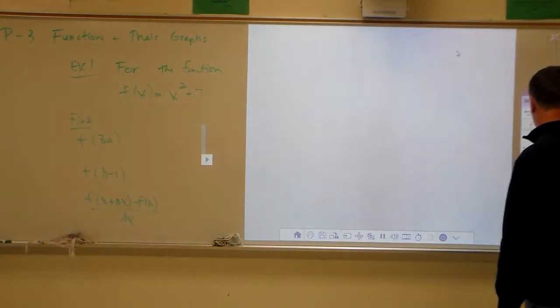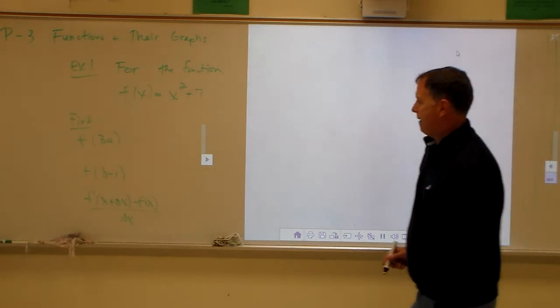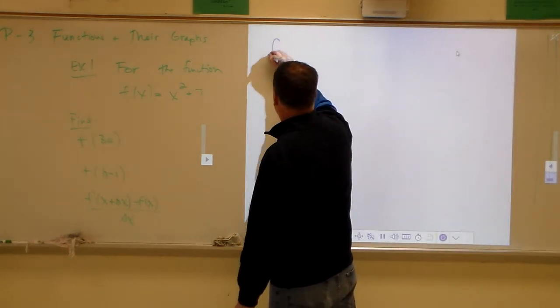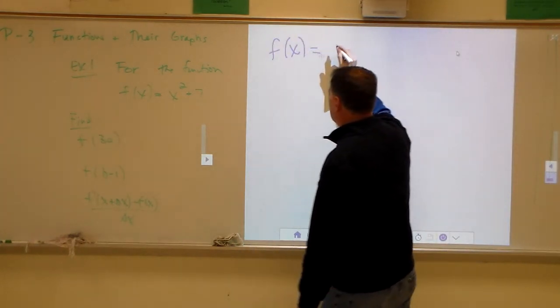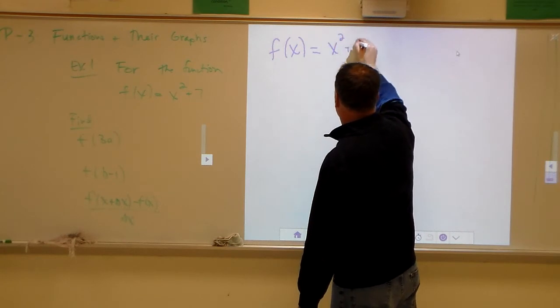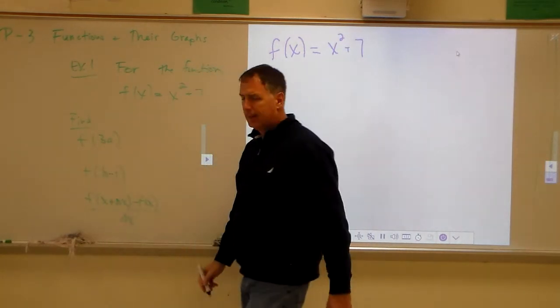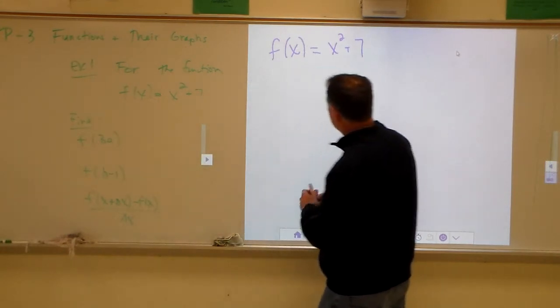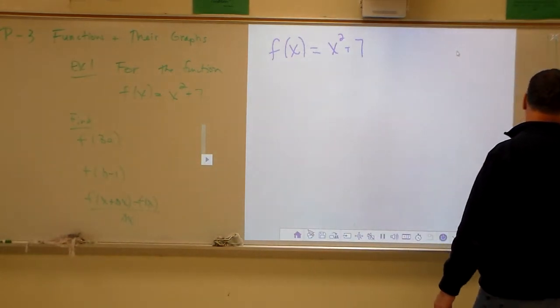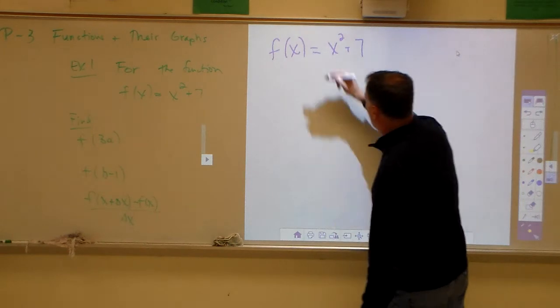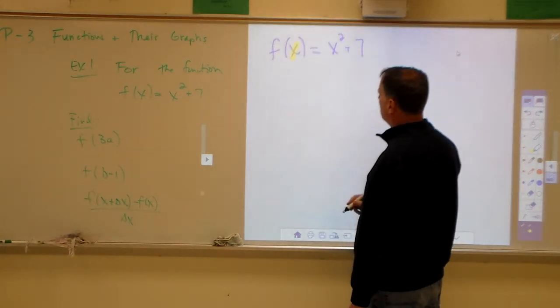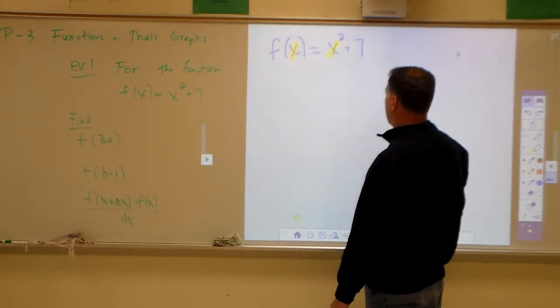So, f of 3a. Well, my f of x says x squared plus 7, so it tells me that's what I want to plug in. Whatever's in parentheses here, I square it and I add 7.